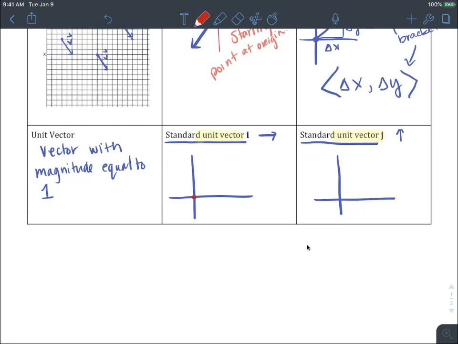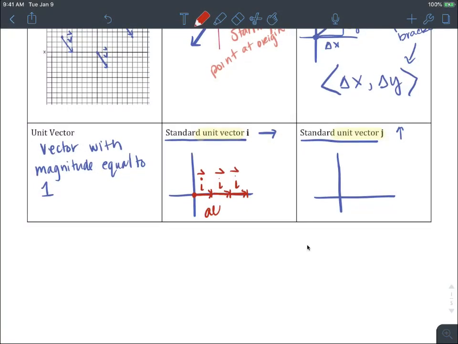I'm going to start from the center, (0, 0), and move out 1 unit. That is vector i, 1 unit. Plus another i, that would be 2 i's. Another i, 3 i's. These are all 1 unit in magnitude.